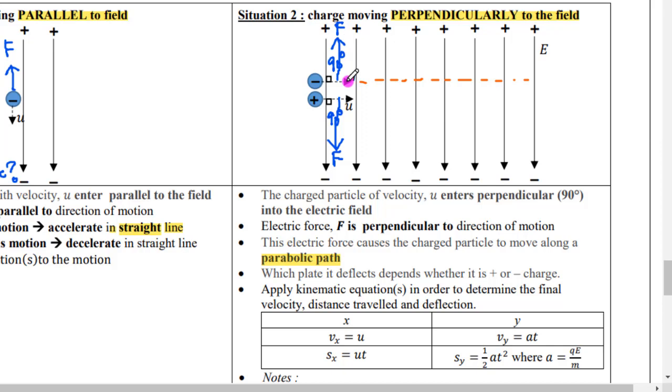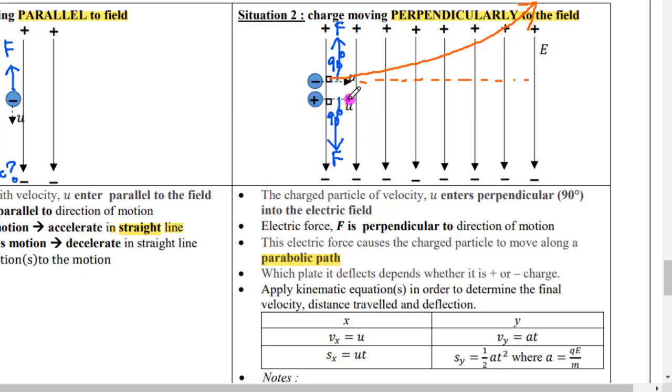So apa jadi kepada pergerakan charge negatif ni? The negative charge will do projectile motion. It will deflect upward lah. Same goes for this positive charge.